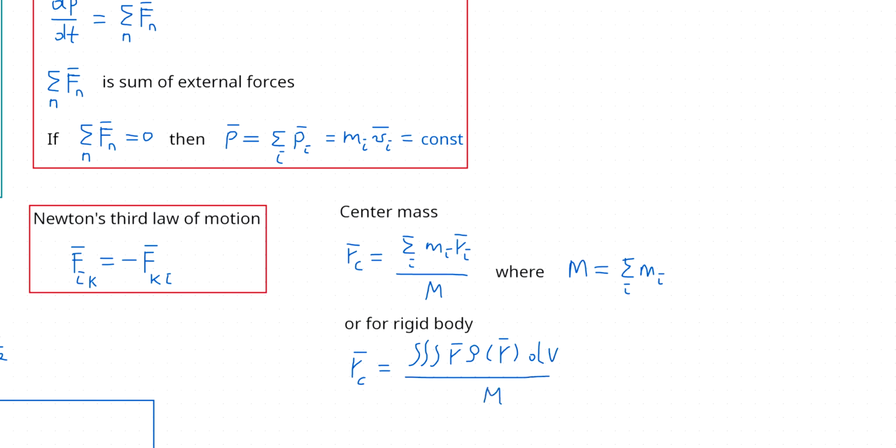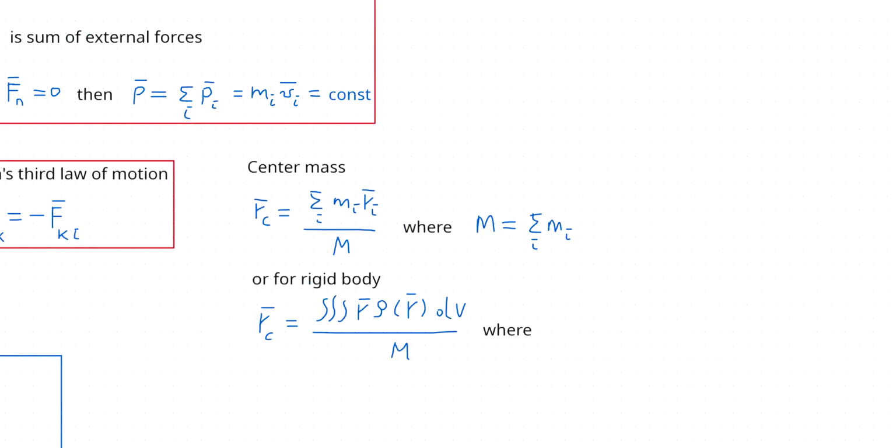And in the same way, m is equal to the triple integral of rho at point r dV.